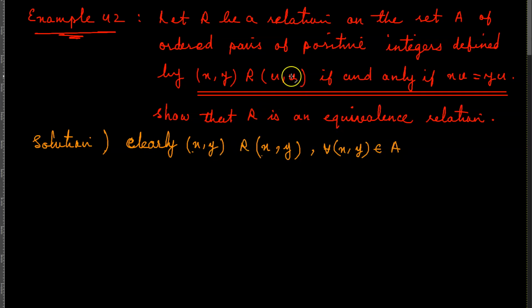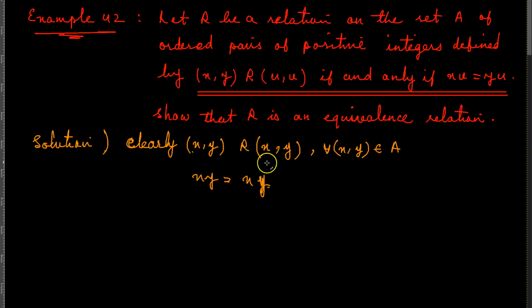And the reason is that here we said that if the product of the first element and the second element here is equal to the product of the second element and the first element here, meaning that if I write x times y, that is of course equal to x times y.